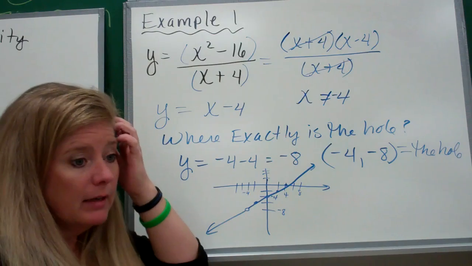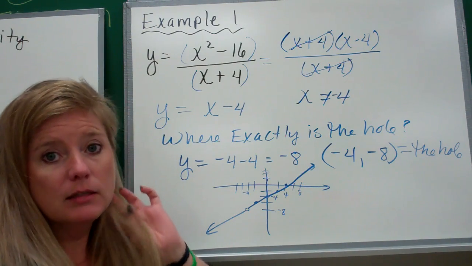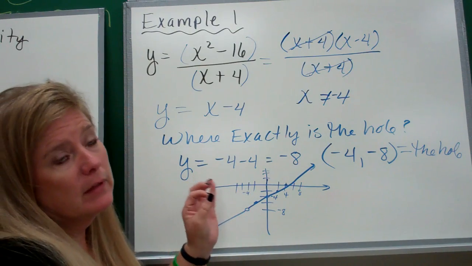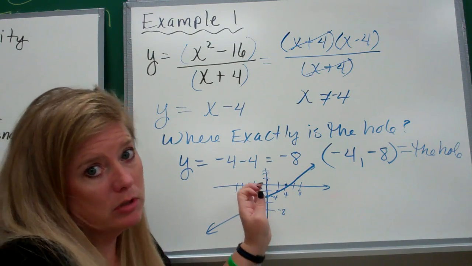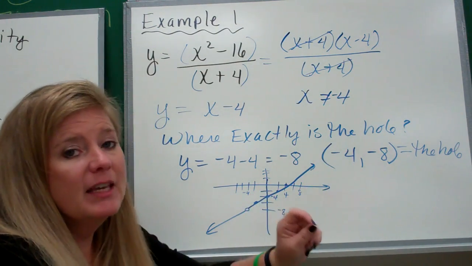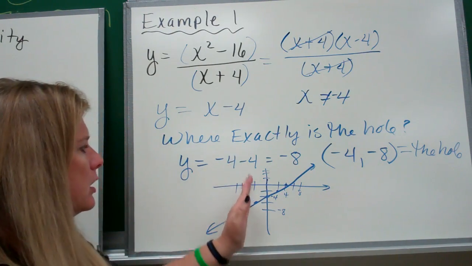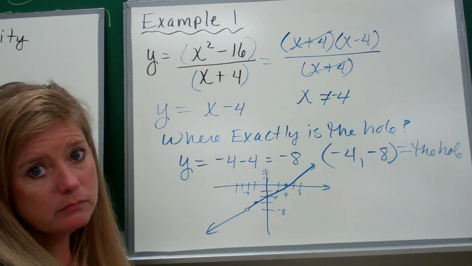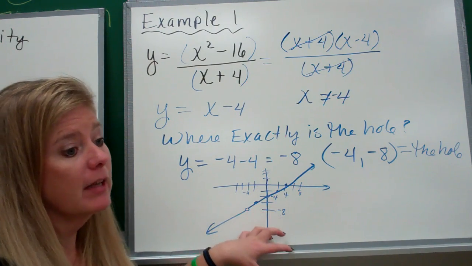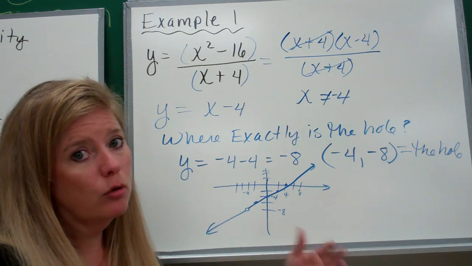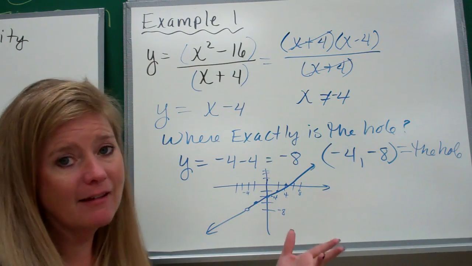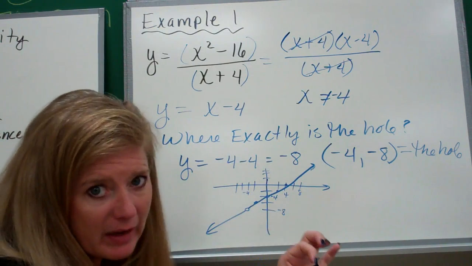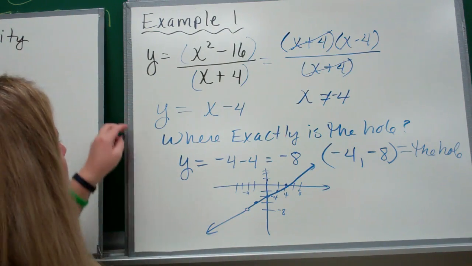Negative 3.9999999 is part of the graph, just like negative 4.000000001 is part of the graph, but only where it's exactly negative 4 is that point not there. Graphing technology doesn't have the capability to show us that one little teeny tiny spot that's not there.